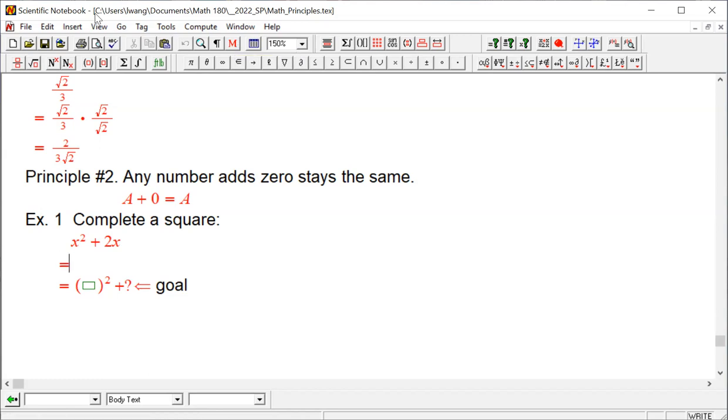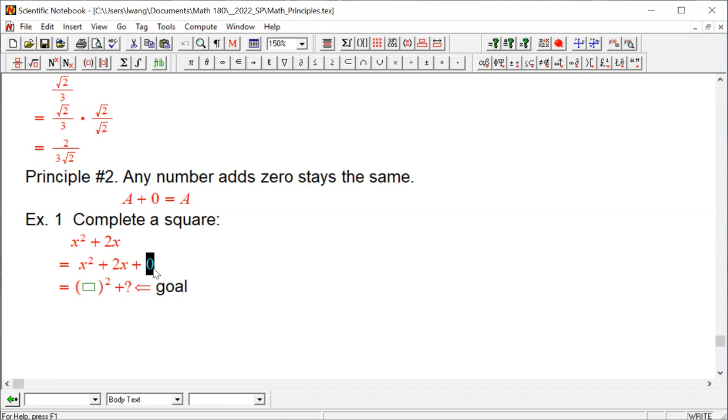So here, what I will do is that I'm going to add a 0. We know that's not going to change anything. But I'm going to choose the 0 in such a way that I will make the perfect square, but still keep the balance, still keep the equal sign validated.